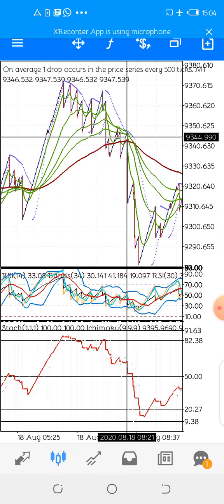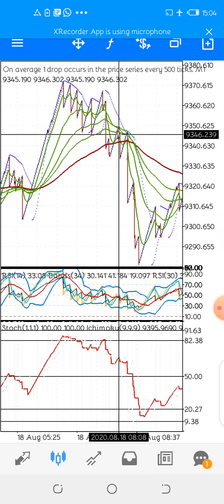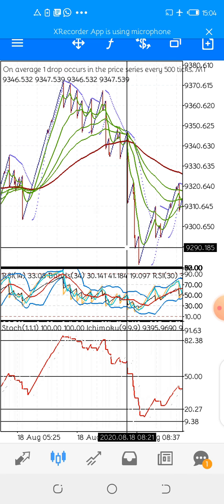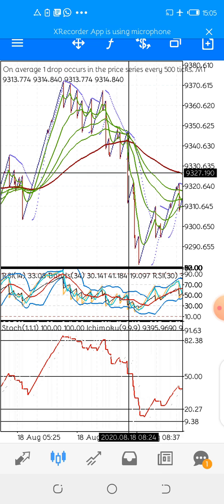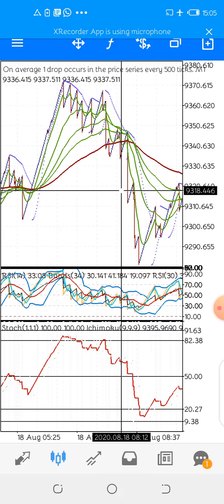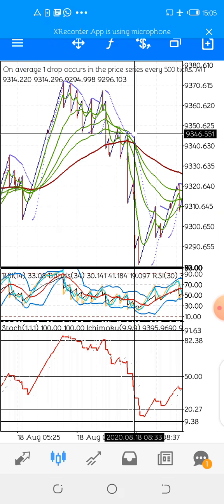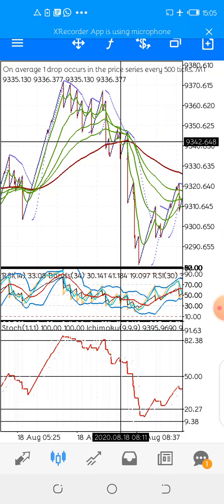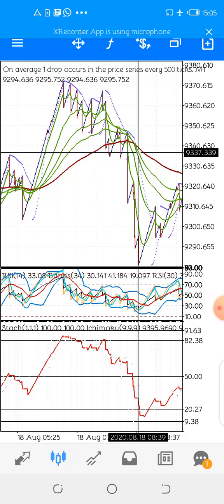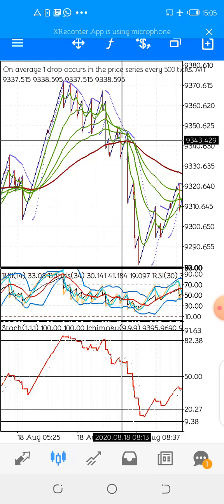Immediately after the moving averages come together, it is swooping 4 to 5 spikes. By this time your resistance could have already been broken. So mark these points very well, these crossovers of the moving averages, or even before they cross over, as they come together.